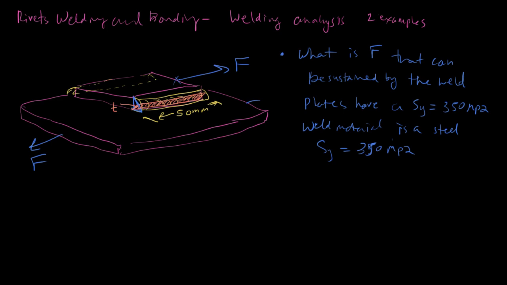So if it's in pure shear, then we really need to change this. This is our yield strength for tension. And if we look at the shear yield and we use the distortion energy theory, then that's about 58% of the yield strength, or about 203 megapascals.